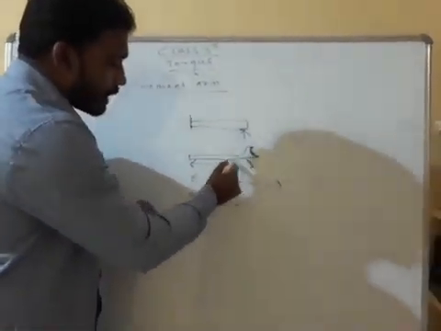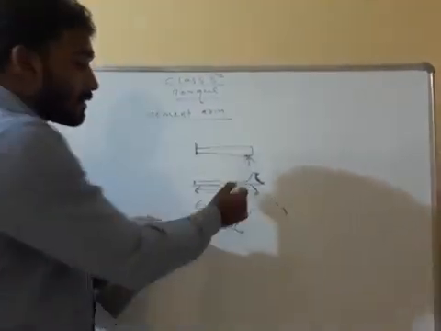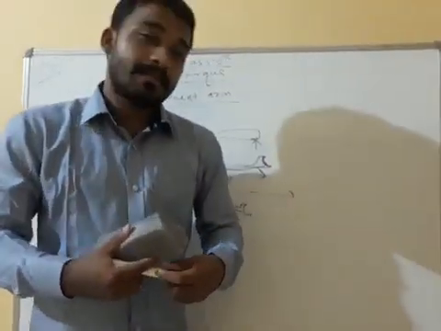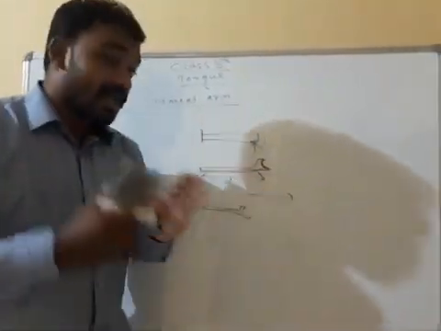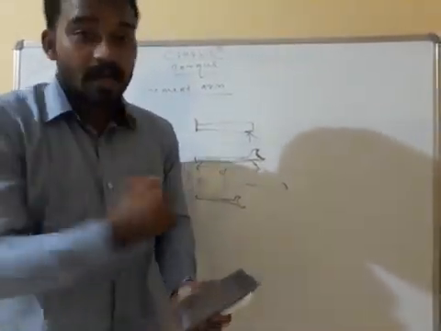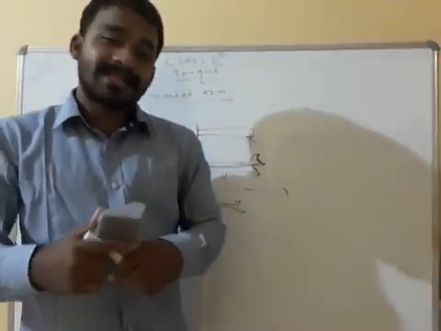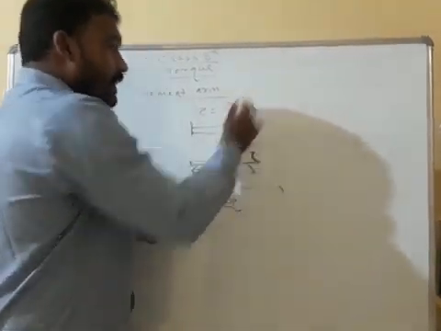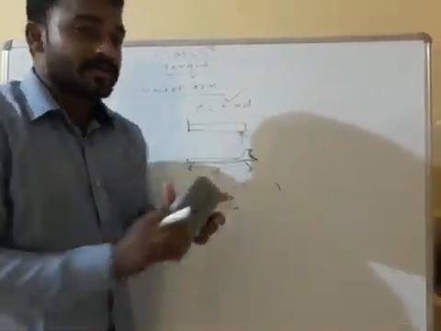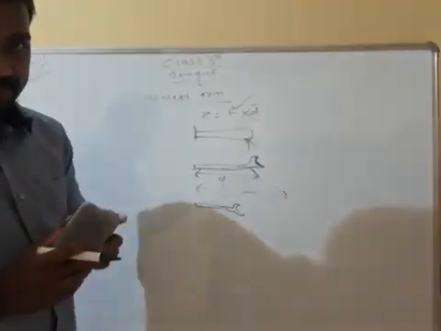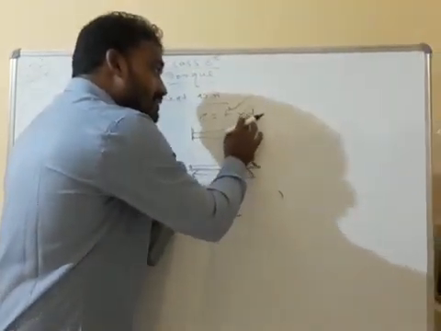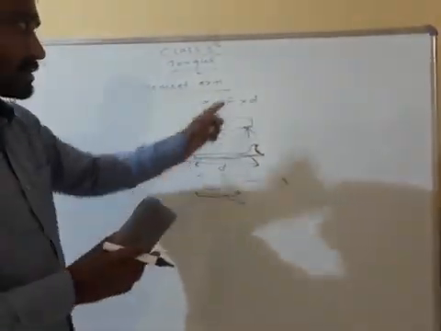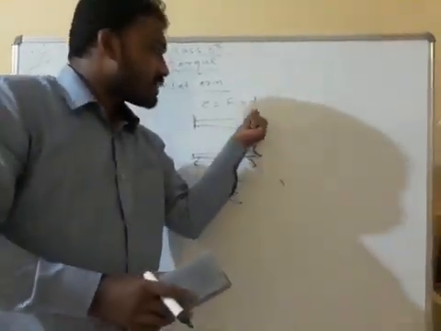So a long spanner is always used. Because we know that moment of force is equal to F into D. If you want to reduce the force, you increase the distance. If you want to apply more force, then reduce the distance.